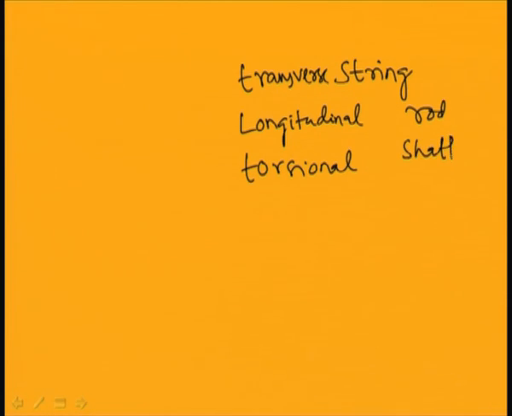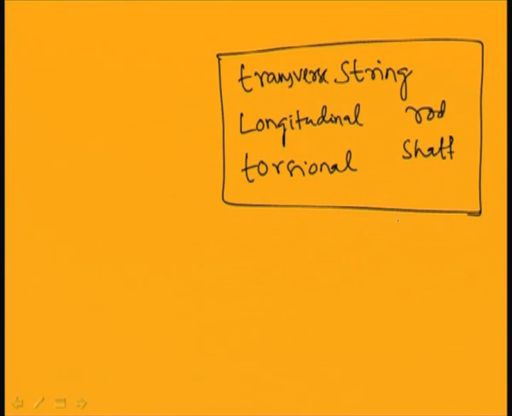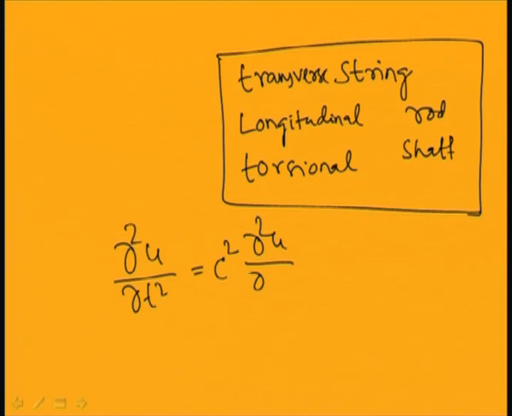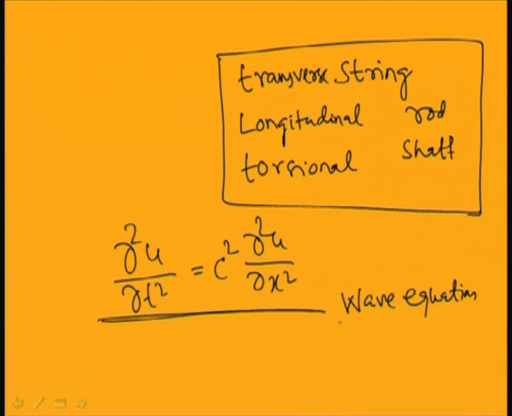In these three cases the equation of motion is of the same type, ∂²u/∂t² equal to c² ∂²u/∂x², which is known as the wave equation. Now we are going to find the response of the system from this wave equation.